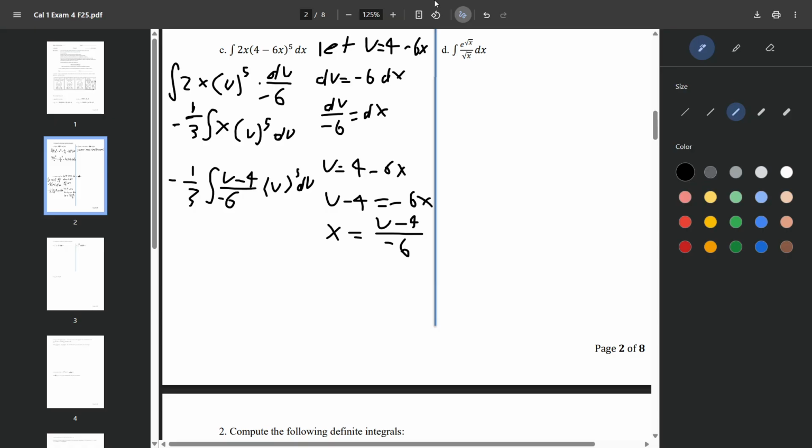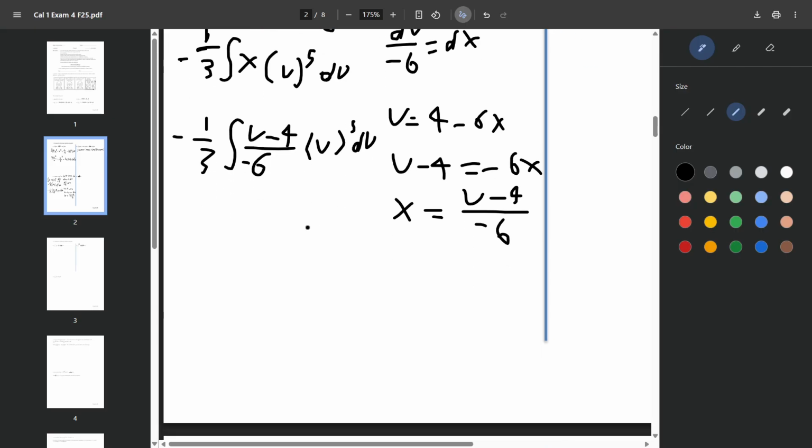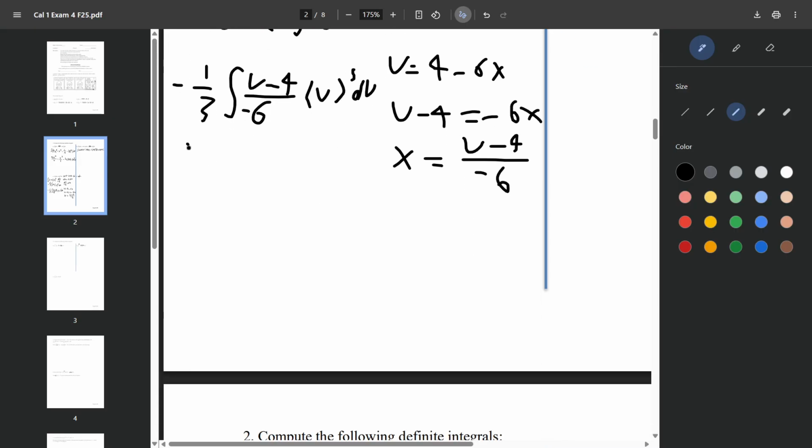And so we will get, zoom in to have a bit more space, 1/18 integral of u minus 4 times u to the 5th du.